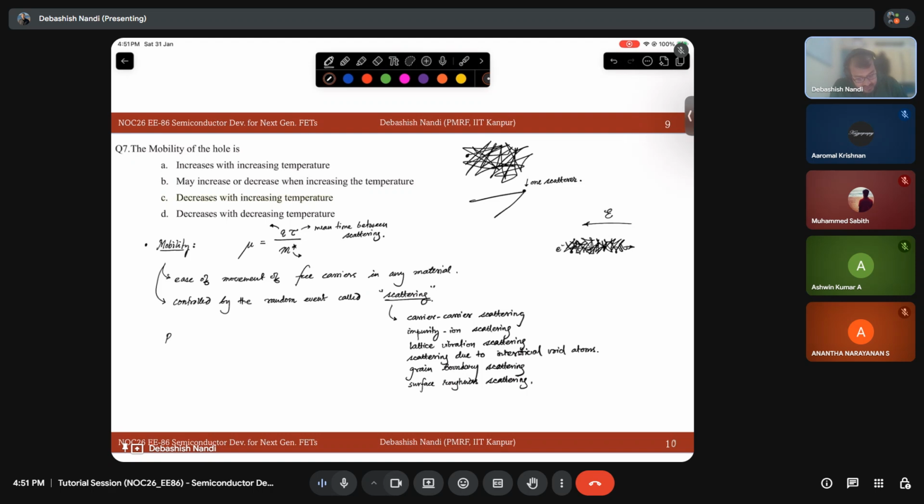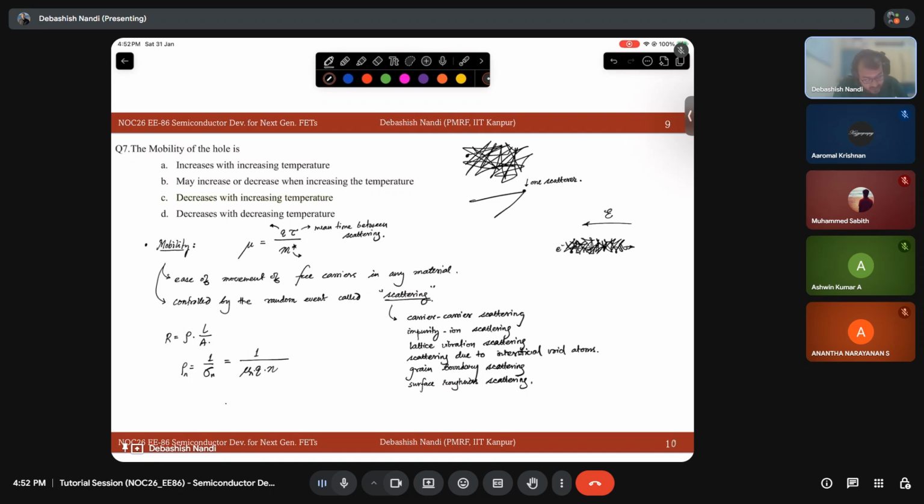You know your resistance is equal to rho L by A. What is this rho? Rho is 1 over sigma, or conductivity. What is this conductivity? This is your q mu times your doping concentration, right? If I only talk about electrons.